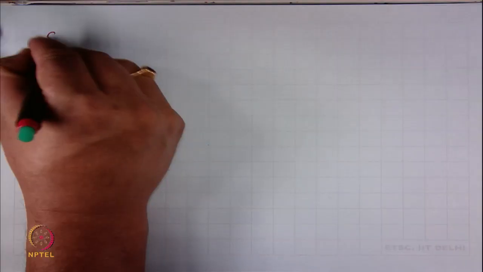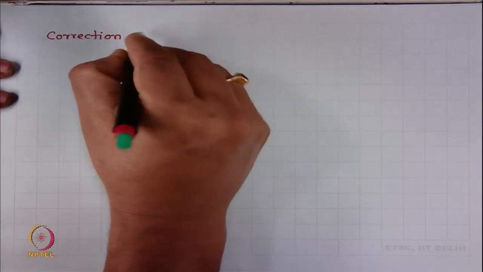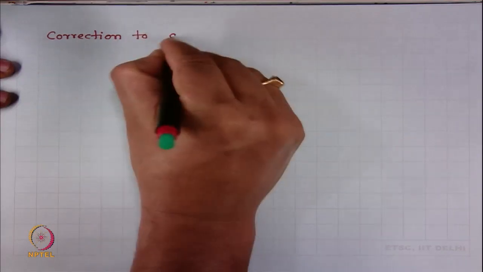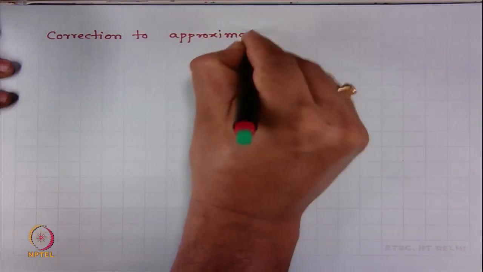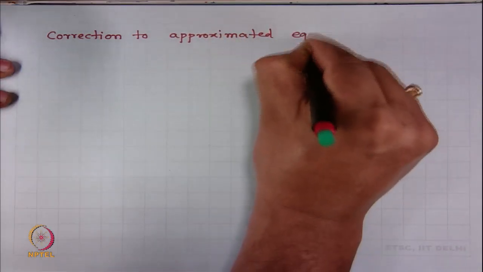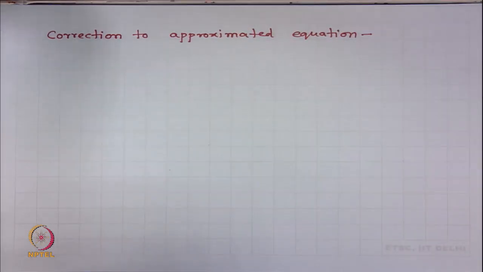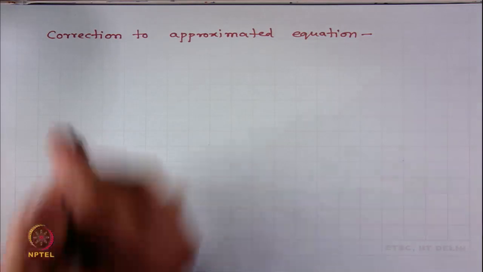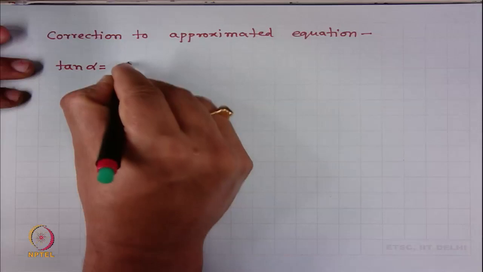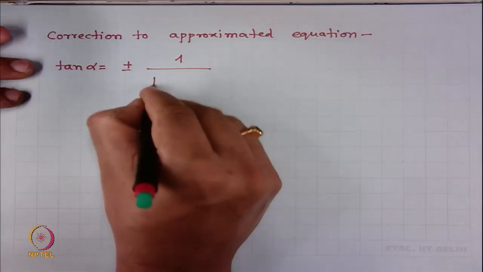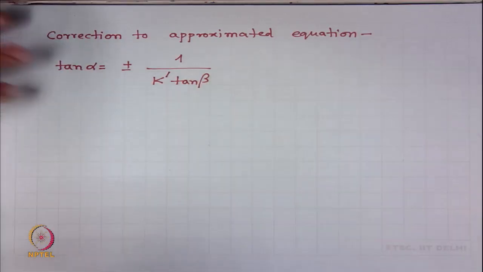Correction to the approximated equation. Let us say tangent of alpha is equal to plus minus 1 by k prime tangent of beta.